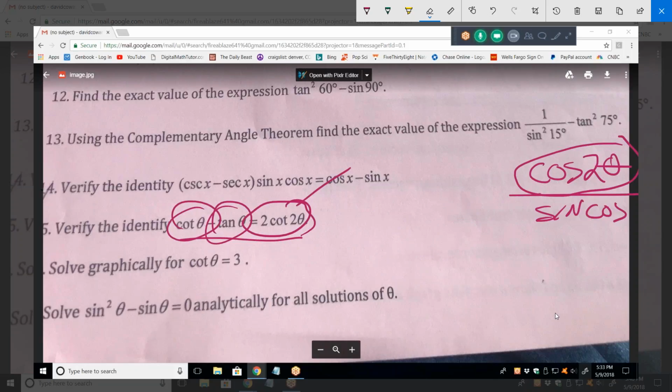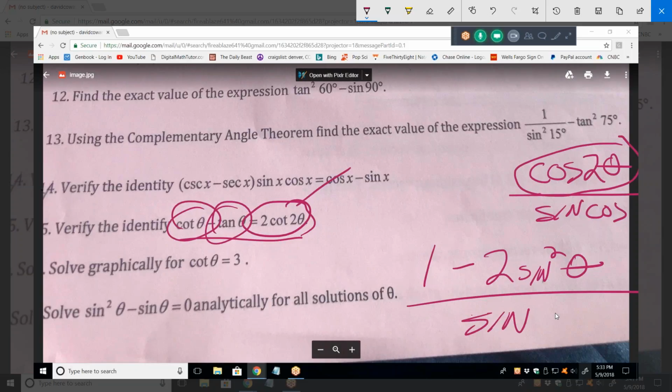So if I try that one, 1 minus 2 sine squared theta, and I put that in place of cosine 2 theta, and I leave my sine theta, cosine theta in the bottom. Wow. That doesn't help either.